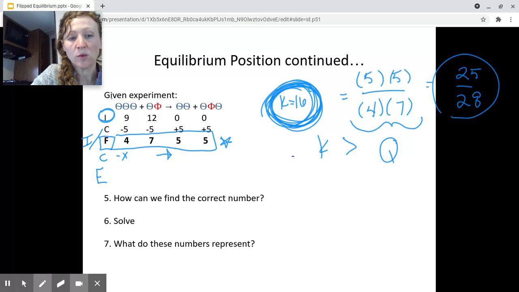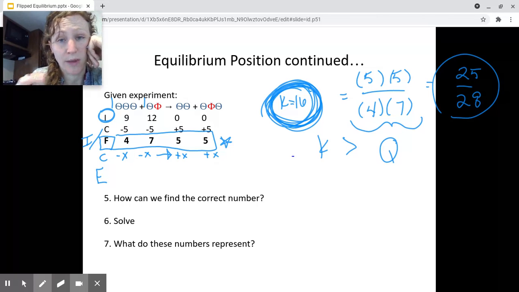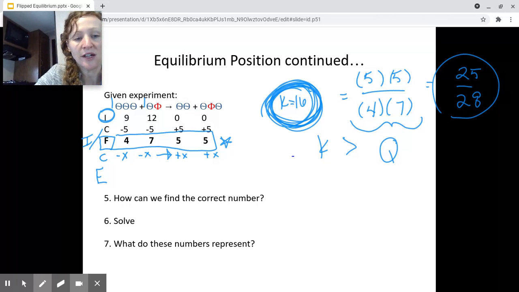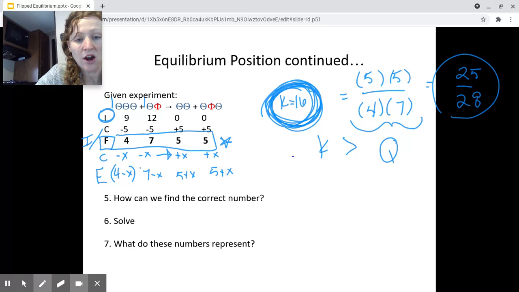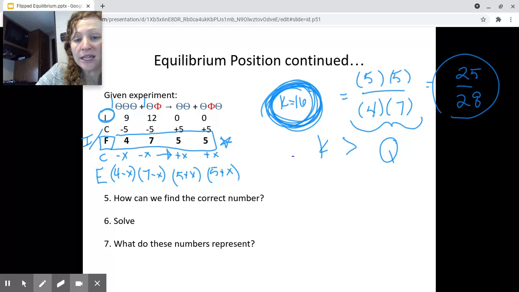And since it's a 1-to-1 relationship, I can use negative X's and positive X's, and I don't even have to worry about multiplying them. And then I get final amounts: 4 minus X, 7 minus X, 5 plus X, 5 plus X. So these are my amounts at equilibrium. And then I can plug into my K equation.